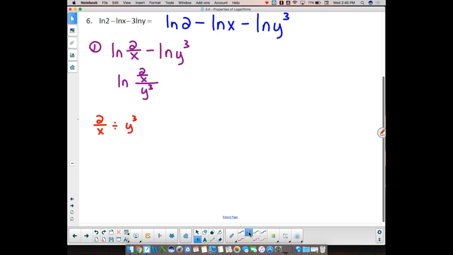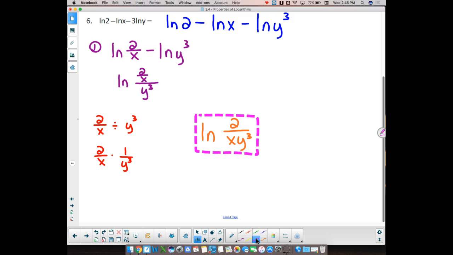Well, dividing is like multiplying by the reciprocal. And then I multiply across. So then this gets me to the natural log of 2 over x y cubed. Okay? That's the long way. But it works left to right.